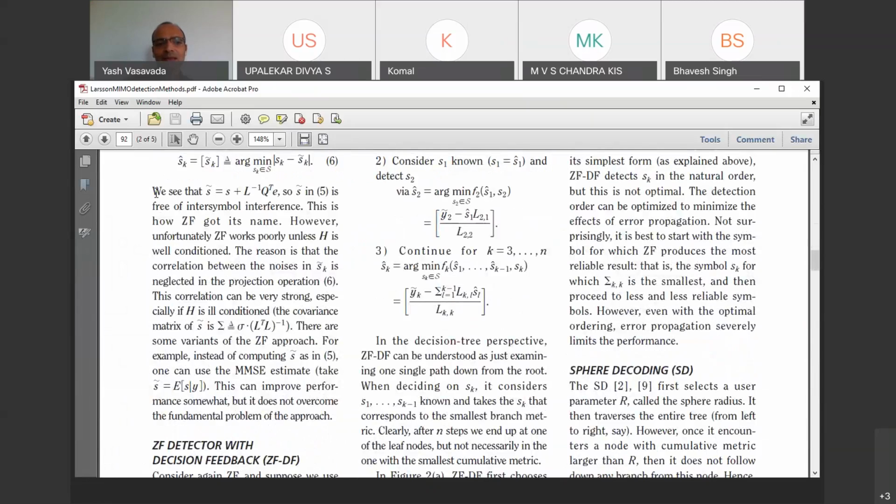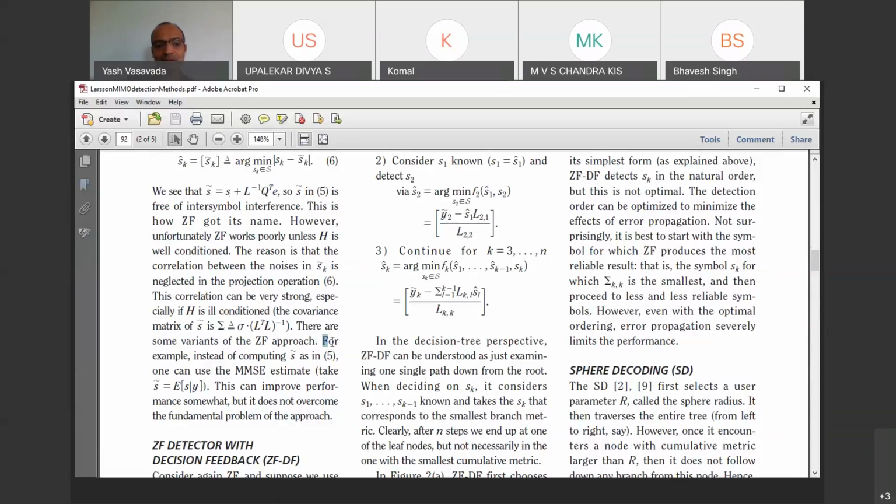And then over here, the author talks about the disadvantage of this decorrelating detector, which is that if the columns of H are making small angles with respect to each other, which is to say that H is not well conditioned, then there will be noise enhancement.